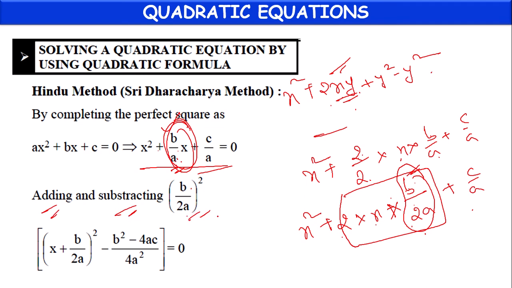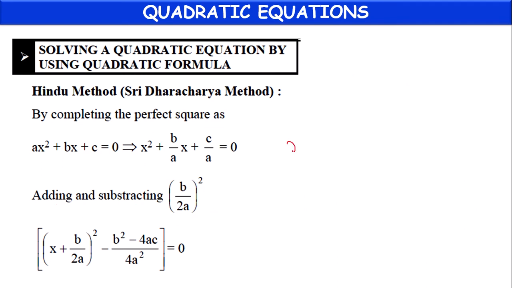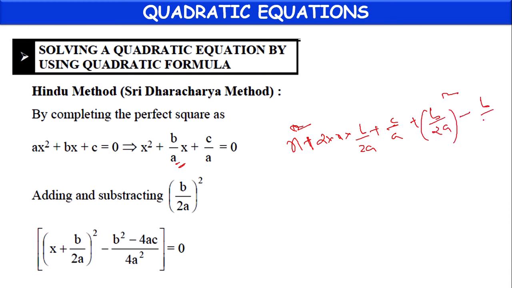So means, x square plus 2 into x into b by 2a plus c by a plus b by 2a whole square minus b by 2a whole square. Y square, both we have added and subtracted.